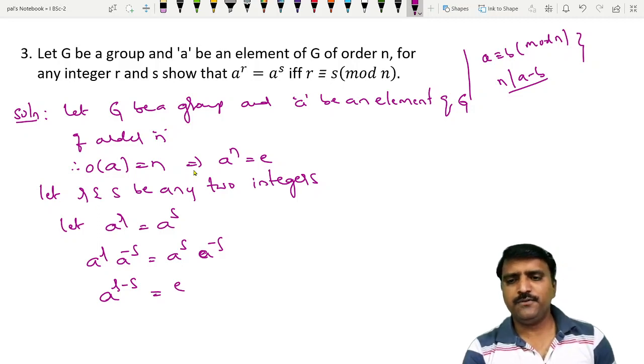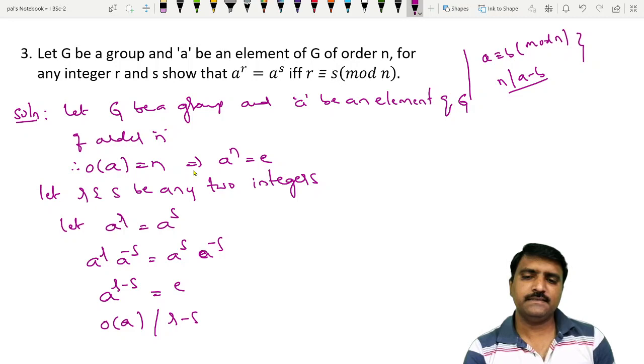A to the power of R minus S is E means that definitely the order of A divides R minus S.